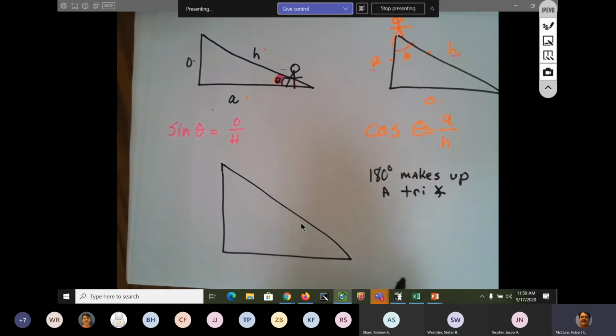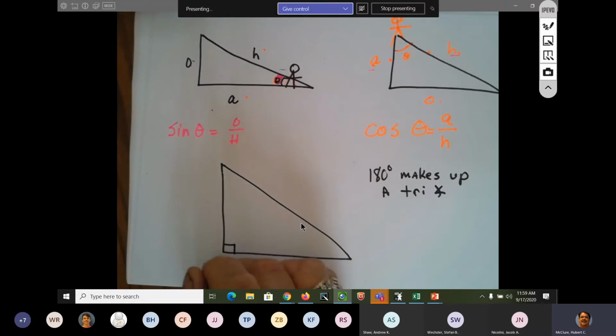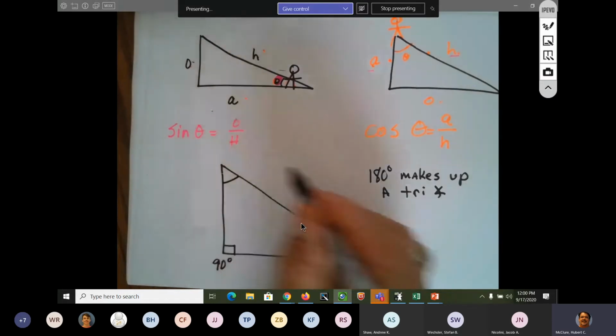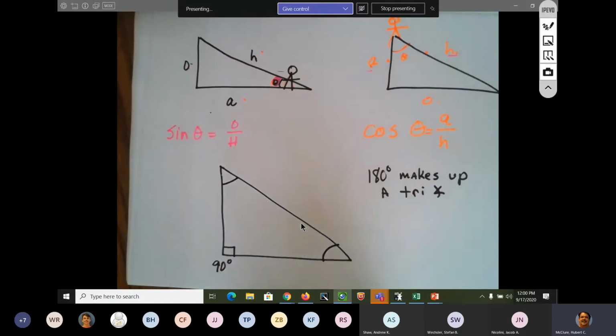If 180 degrees makes up a triangle, and you're already given that this is a right triangle, that's 90 degrees. So the remainder, 90 degrees, has to be divided up between this angle and this angle. So that's where you get the 90 minus whatever.